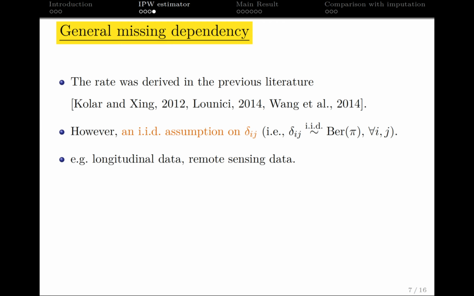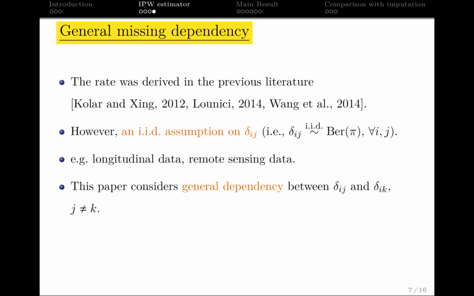Or in remote sensing data, some sensors can be broken down together. And in this case, missing does not happen independently. Therefore, we consider extending to dependency between missing, and we try to prove the optimal rate of the IPW estimator in this paper.